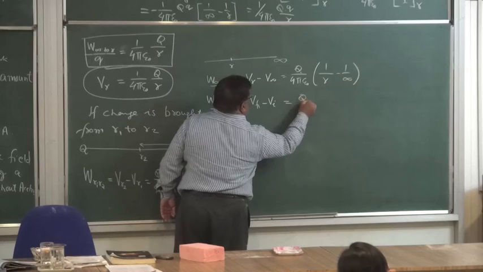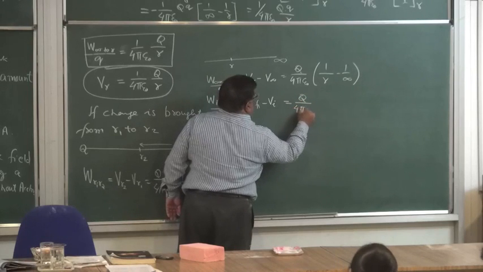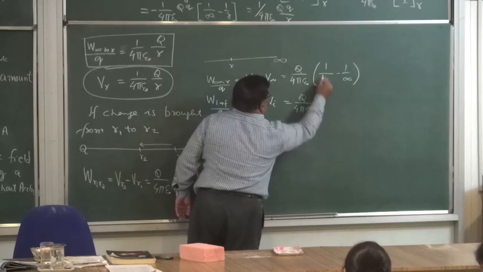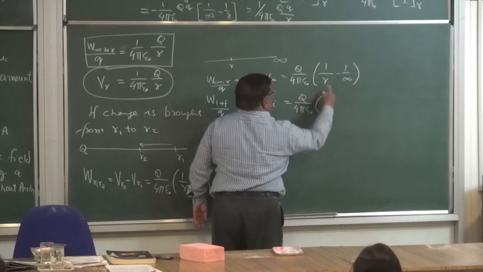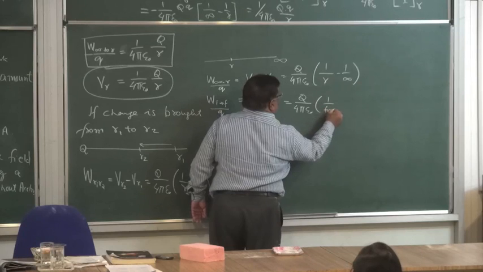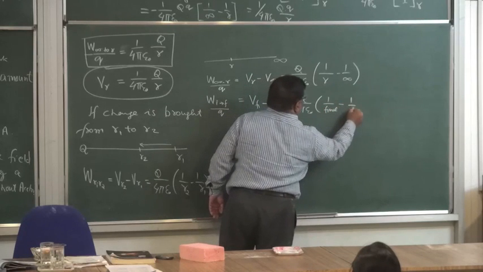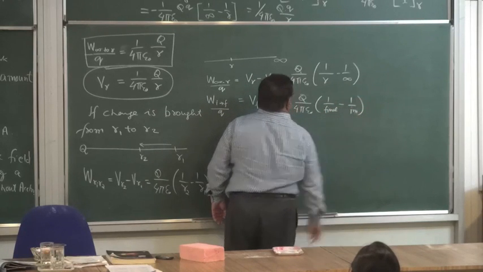This is equal to Q upon 4 pi epsilon naught, and this is 1 upon which position is this? Final, and minus 1 upon initial.